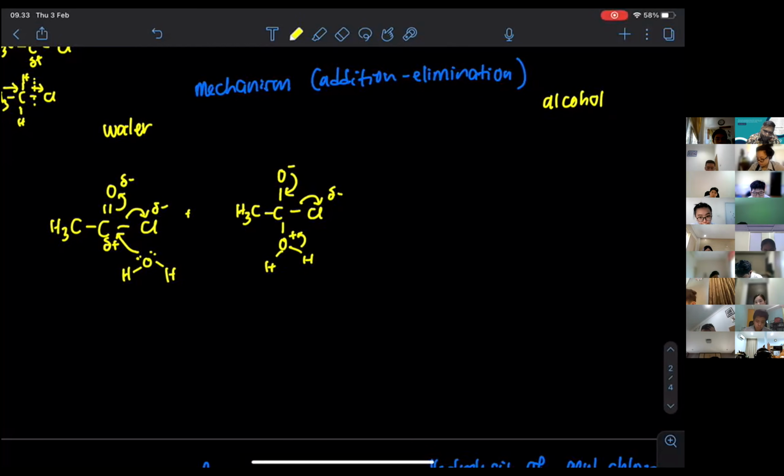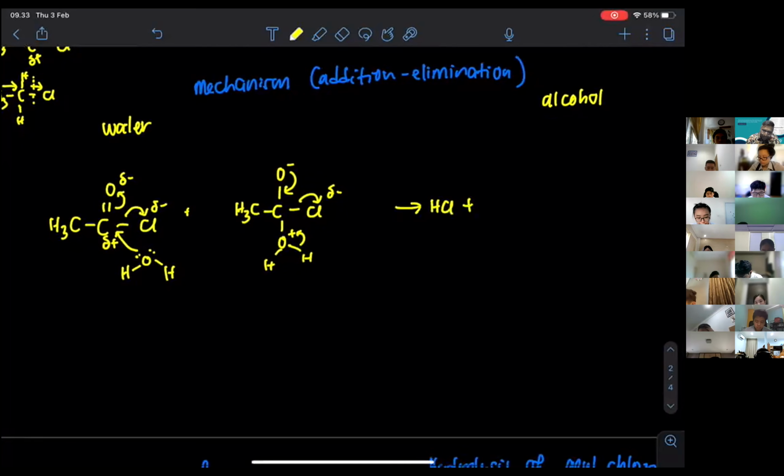So you will get HCl, and the product is C double bond O, then OH, and then CH3. So this is the product, the overall reaction of hydrolysis.